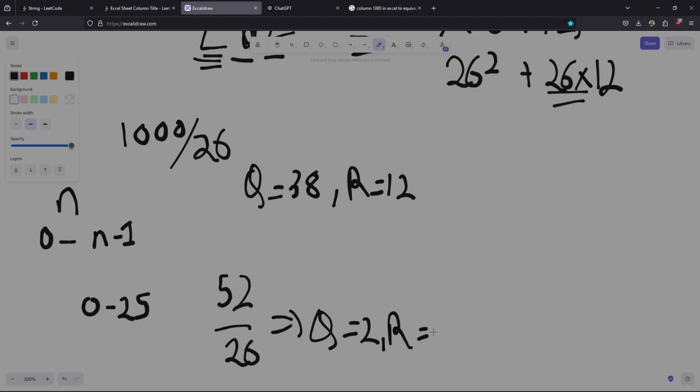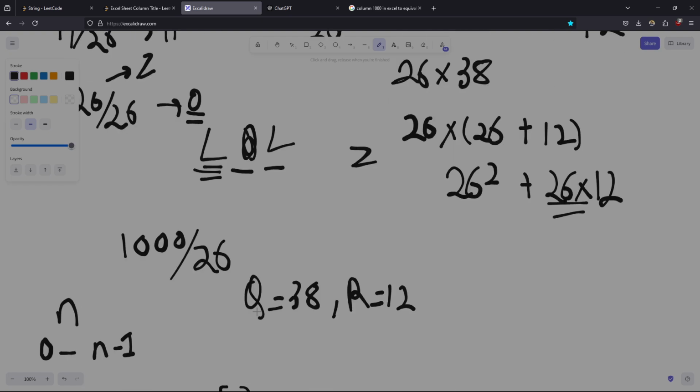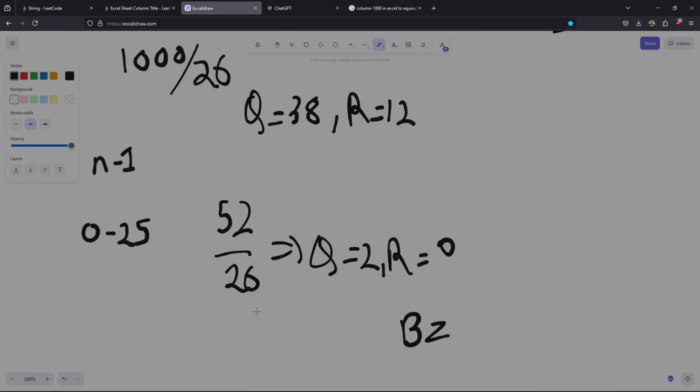And the remainder is 0, so we need to put Z at last, and 2 means B, so 52 is equivalent to BZ. Is that the case? I think so. Maybe, maybe not.